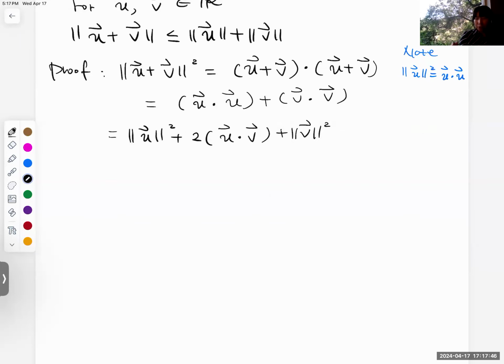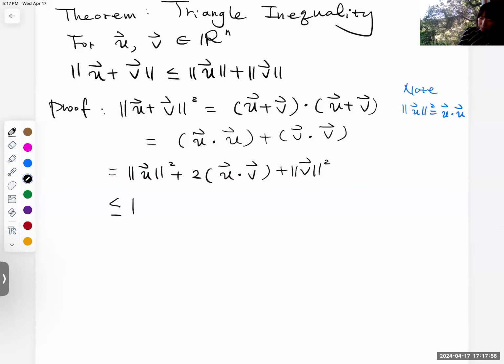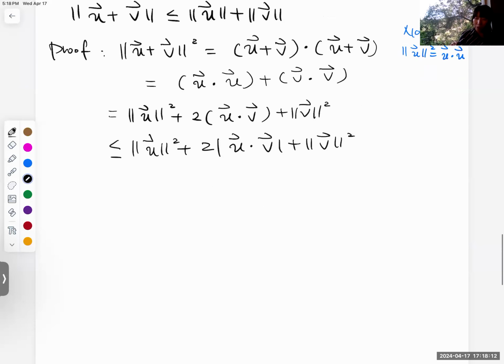Okay, thank you. Then this is less than or equal to, using the same but with the absolute value of the second term: plus 2 absolute value of u dot v plus v squared. So we have an equal sign, so we are good, right?